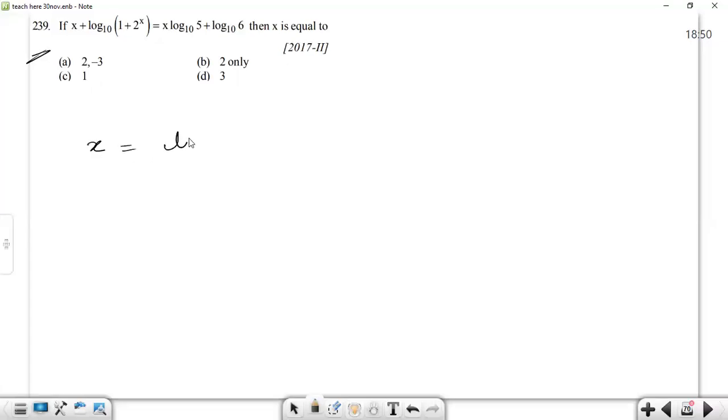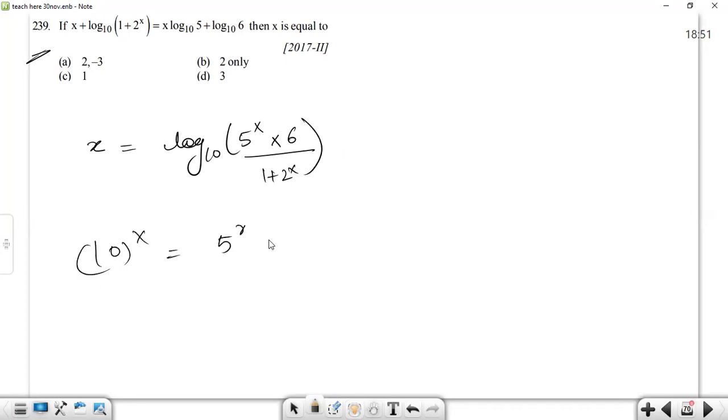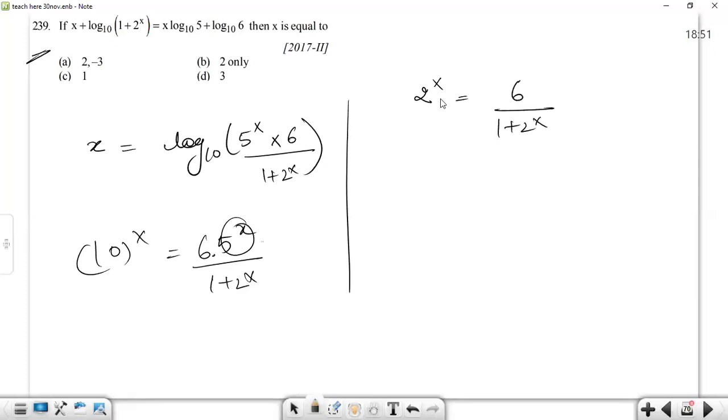X equals log 10. This goes to the power. This will be multiplied here, right? And this will be divided, 1 plus 2 raised to power x. Now simplifying this further, 10 raised to power x becomes 6 into 5 raised to power x on 1 plus 2 raised to power x. 5 raised to power x goes to the left hand side, and this becomes 2 raised to power x. 6 divided by 1 plus 2 raised to power x equals 2 raised to power x into 1 plus 2 raised to power x.